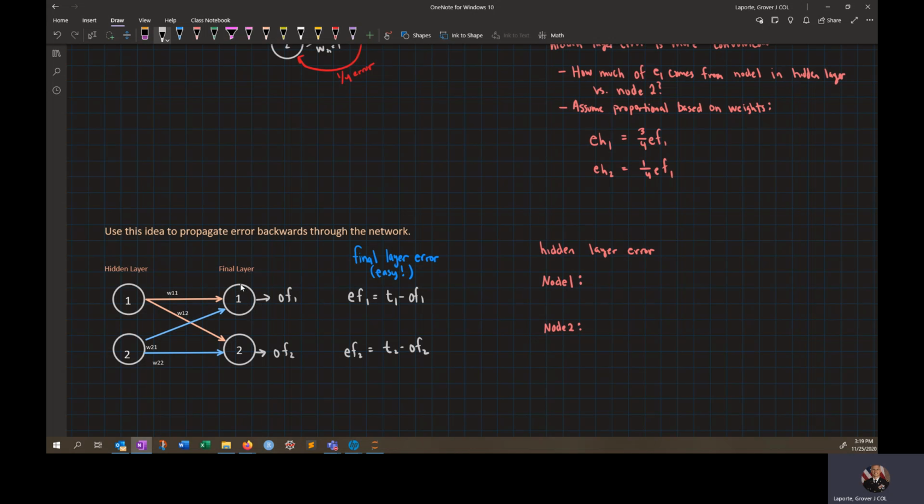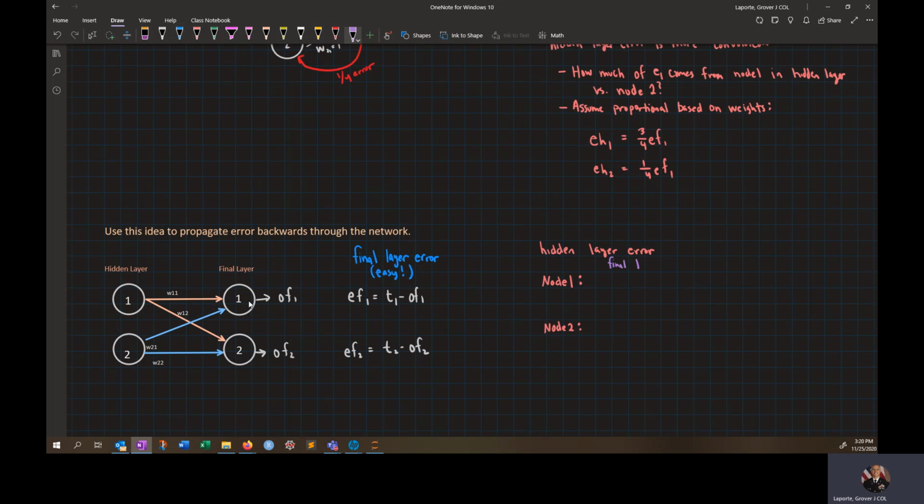So we'll start with node 1. Let me see a good color that I haven't used. I know you guys are probably getting tired of all my colors. Let's try purple. We're going to call this final 1.